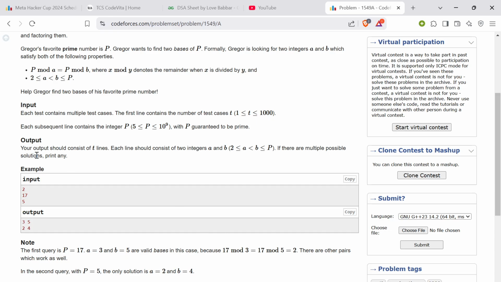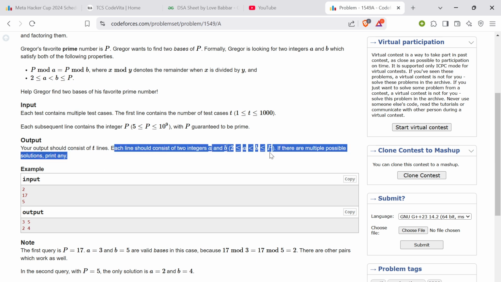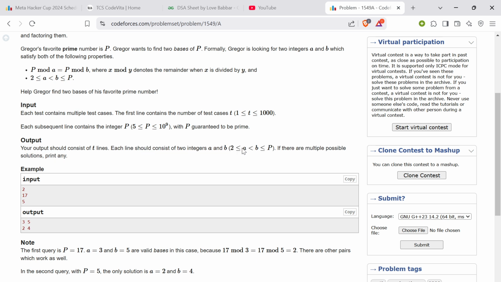But you can say the question also gives that your output should consist of t lines. Each line should consist of two integers A and B. A is a value greater than or equal to 2 and less than or equal to p. If there are multiple possible solutions, print any.